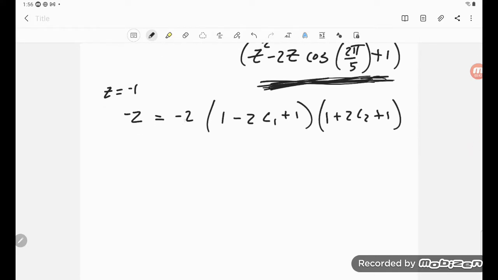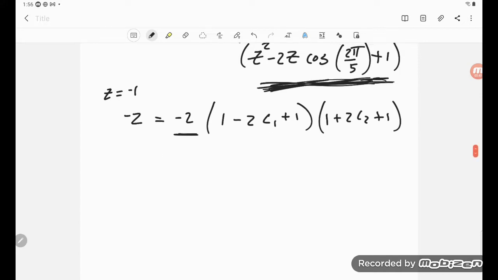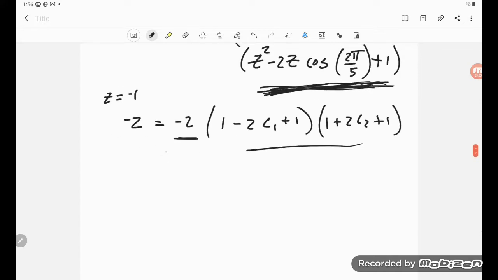And so now I can divide both sides by this -2, and I'll put this stuff on the left-hand side. And so I have 2 minus 2c1 times 2 plus 2c2 is equal to 1.